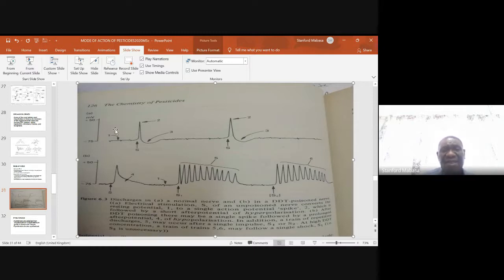But when the insect becomes poisoned, we get all these various peaks, which shows a disturbance, which means the insect becomes too excited and eventually it gets killed.